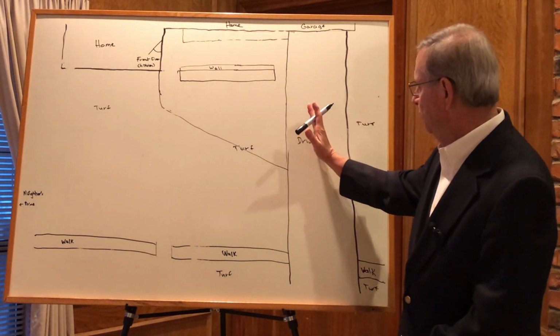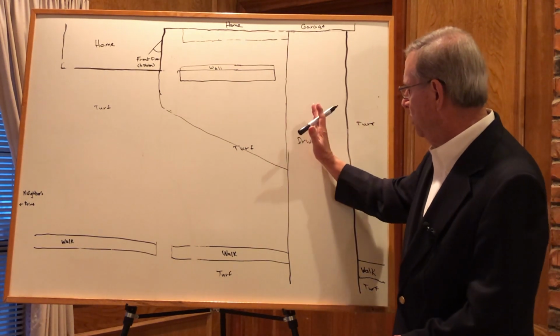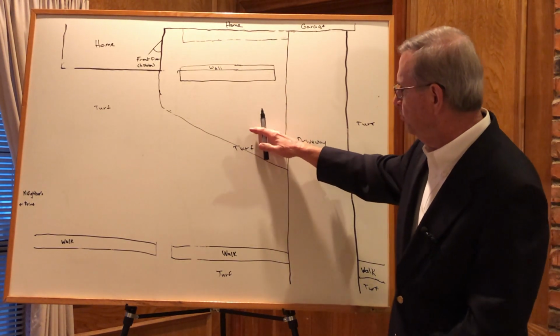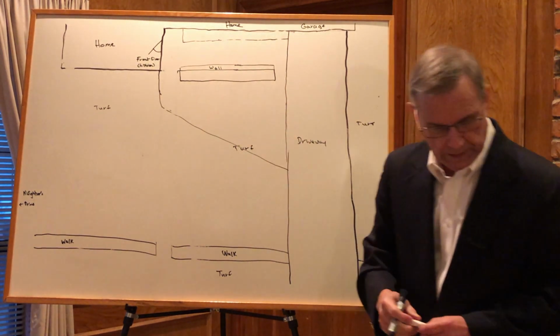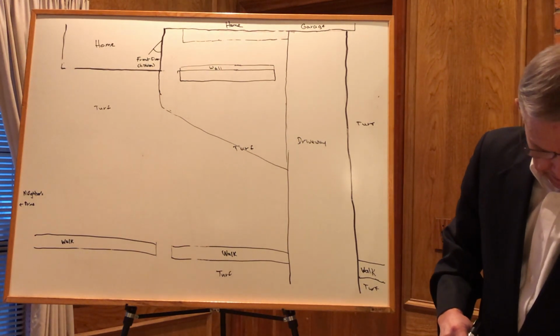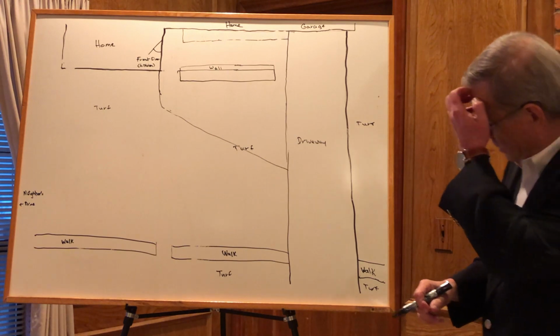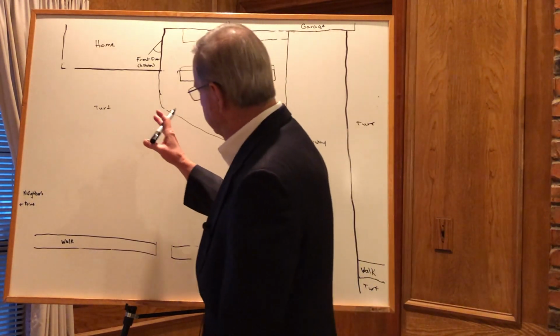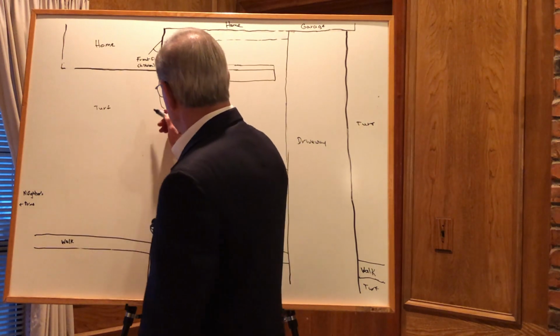It will also give your guests, when they're parked here, a place to step out onto a beautiful terrace rather than in the yard. All right, an oval is going to be your best friend. It takes out all those harsh angles.